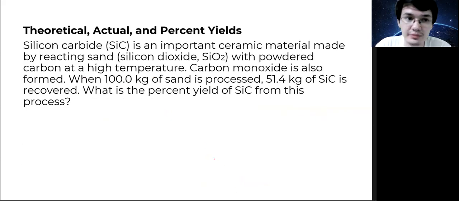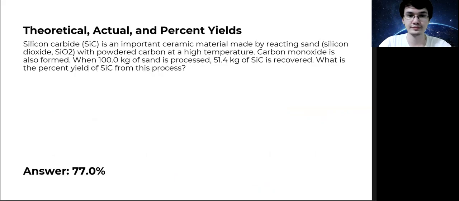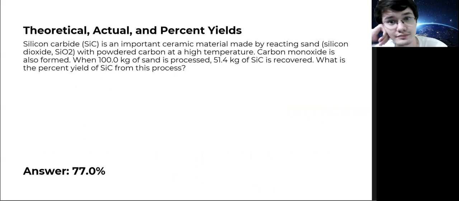So, for example, silicon carbide is an important ceramic material made by reacting sand with powdered carbon at high temperature. Carbon monoxide is also formed.